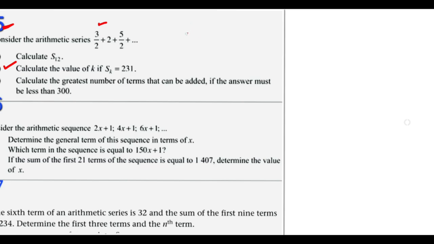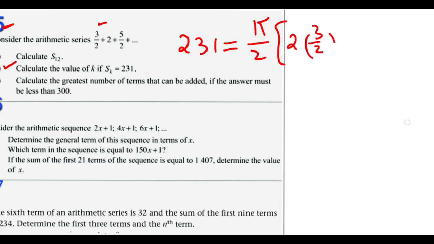So which means Sn, they already give you the sum formula. So the answer is 231 is equal to k over 2 (2 multiplied by 3/2, using the Sn formula, plus (k minus 1) and the d we got 1/2), big bracket close.